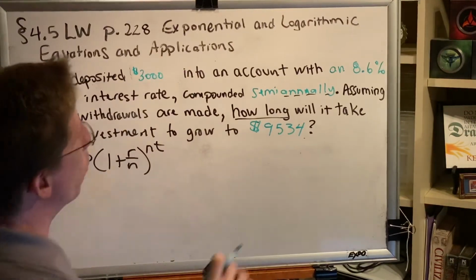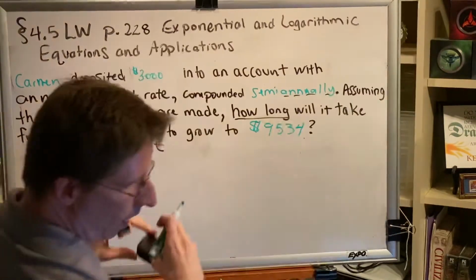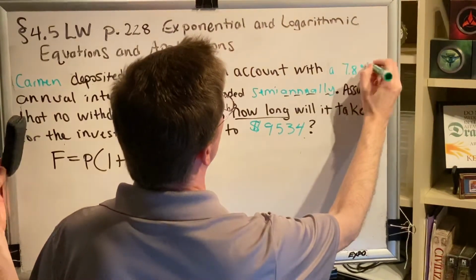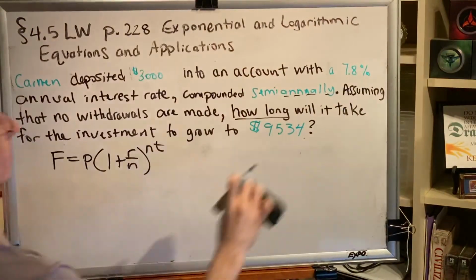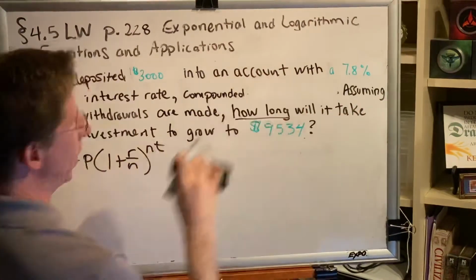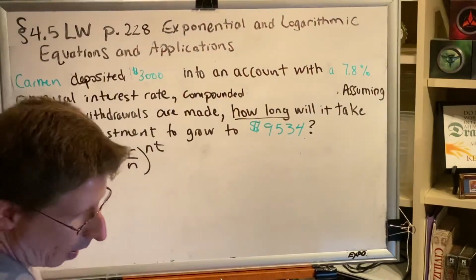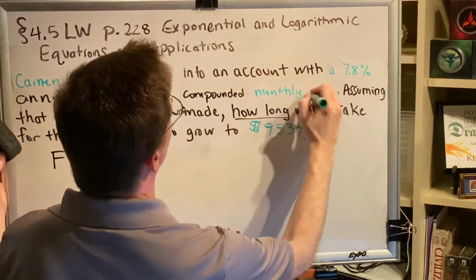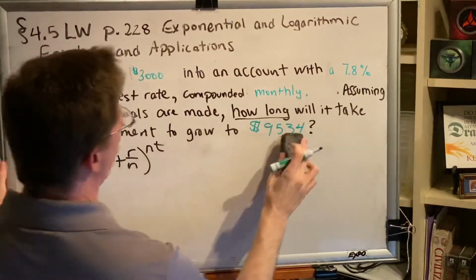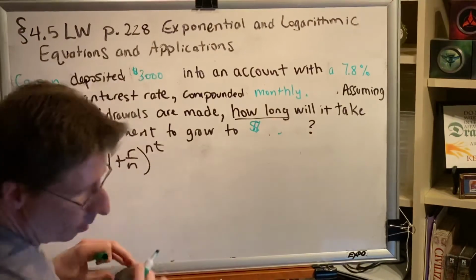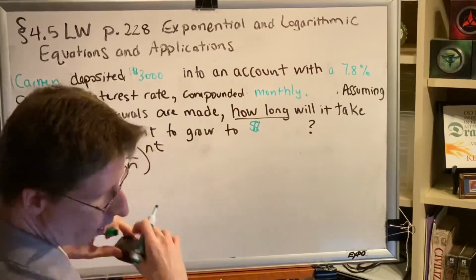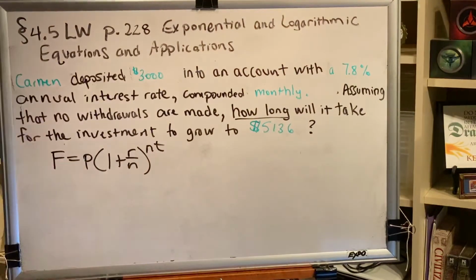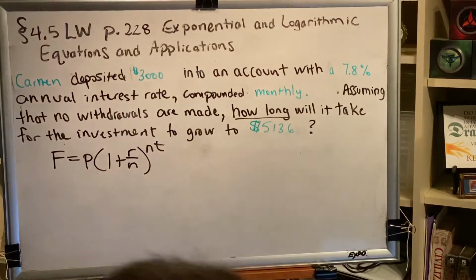Instead of an 8.6% interest rate, now we have a 7.8% interest rate. Instead of semi-annually, this is going to be compounded monthly. And we want the money to grow until it eventually becomes $5,136.